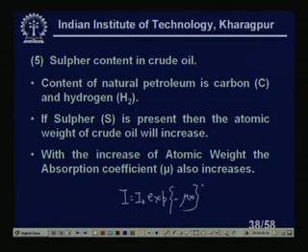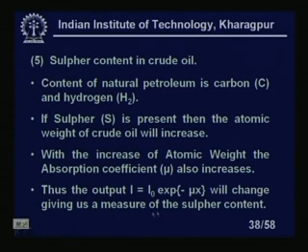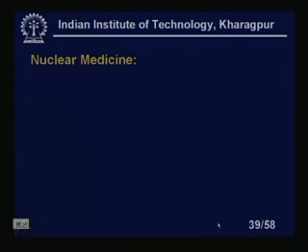So if mu increases, I will change. By this I can measure the sulfur. Thus, the output I equals I naught exponential minus mu x will change, giving us a measure of the sulfur content in the crude oil.